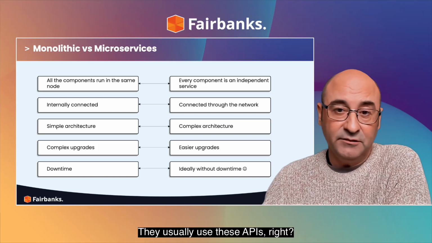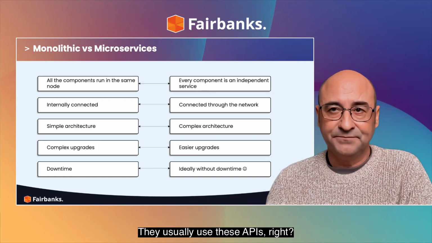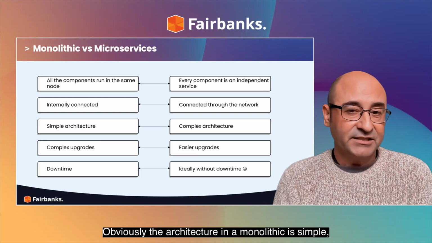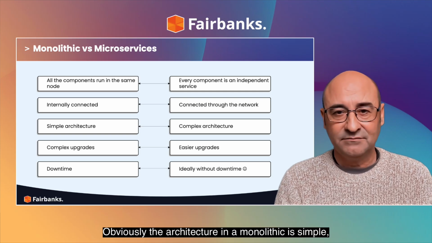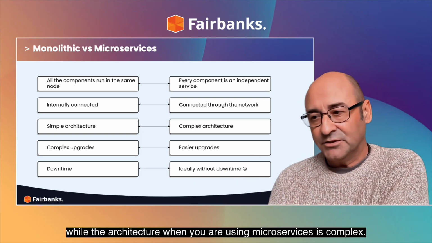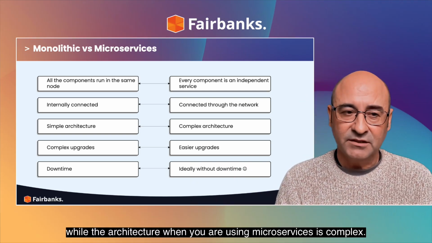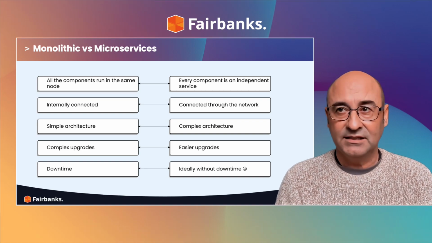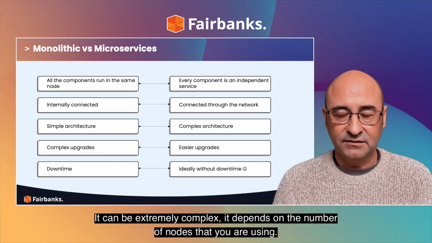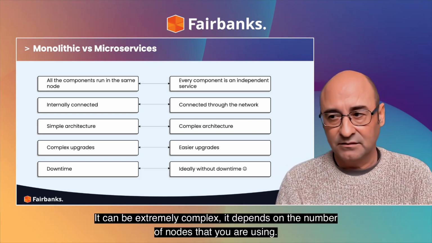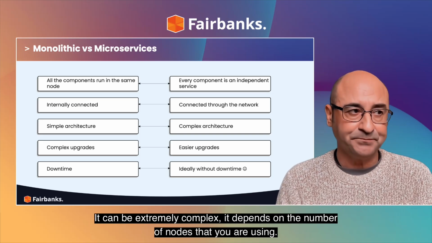They usually use these APIs, right? Obviously, the architecture of a monolithic application is simple, while the architecture when you are using microservices is complex, and it can be extremely complex. It depends on the number of nodes that you are using.